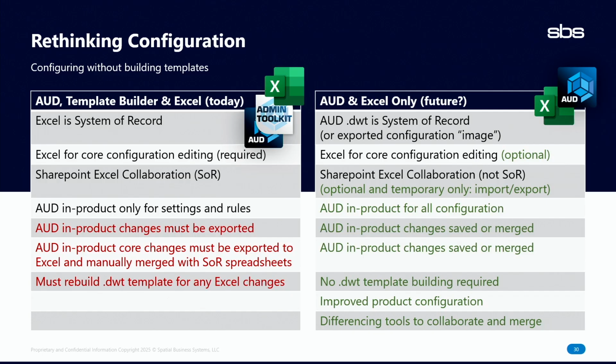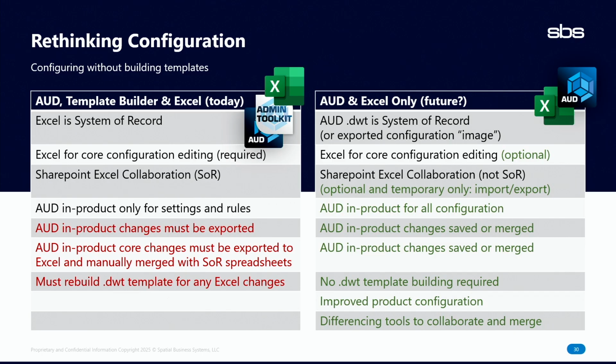You're going to need a spreadsheet-like environment to specify most of your configuration information, and that is abundantly clear. I don't want this to sound like we are discouraging the idea of using Excel. What we want is to better integrate that into the product configuration workflow and to avoid the need to build a template or keep that as a system of record.